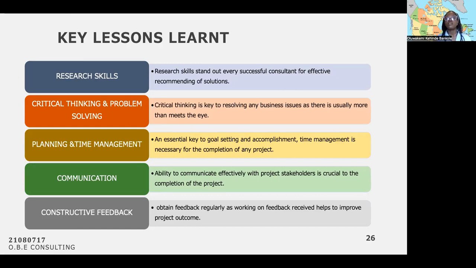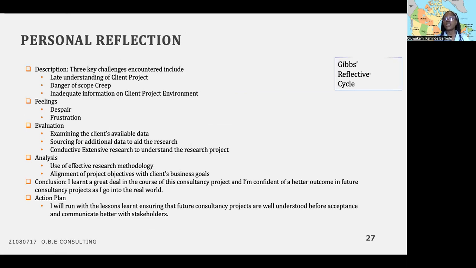In the course of working on this project, I learned some key lessons from the challenges that I had to overcome. At the start of this project, I had a poor understanding of what the client project entailed. I fell into the danger of scope creep a couple of times because I had inadequate information on the client project environment.